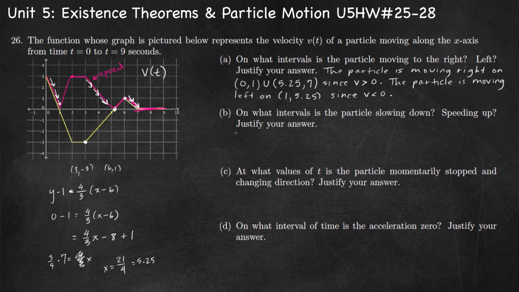So we can say slowing down on the intervals, see 0 to 1, 3 to 5.25, and 6 to 7.